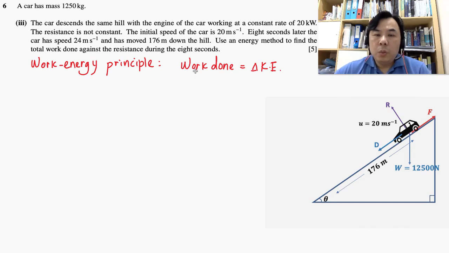Now the work done here could be work done by many forces involved in the system itself. It could be work done by gravity, work done by the engine, or work done against the resistive force.